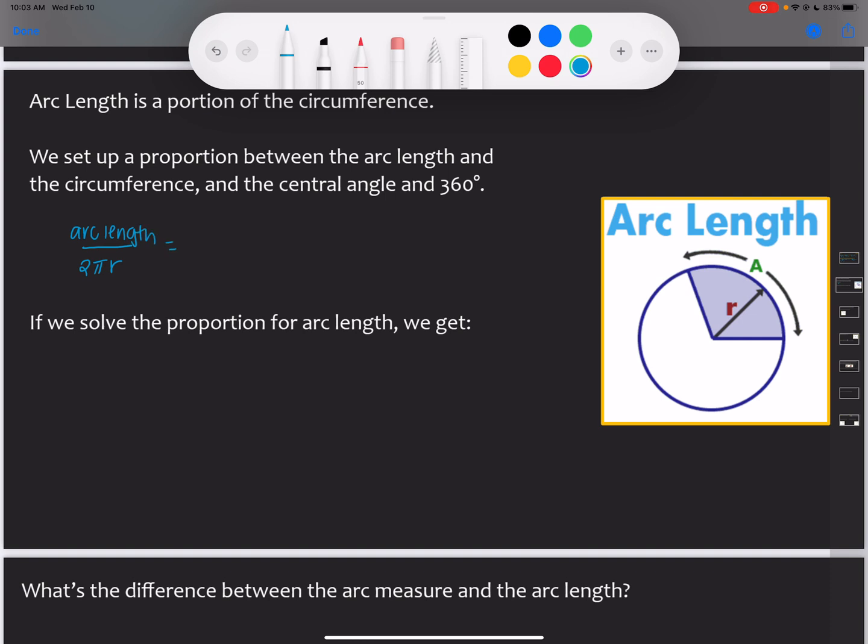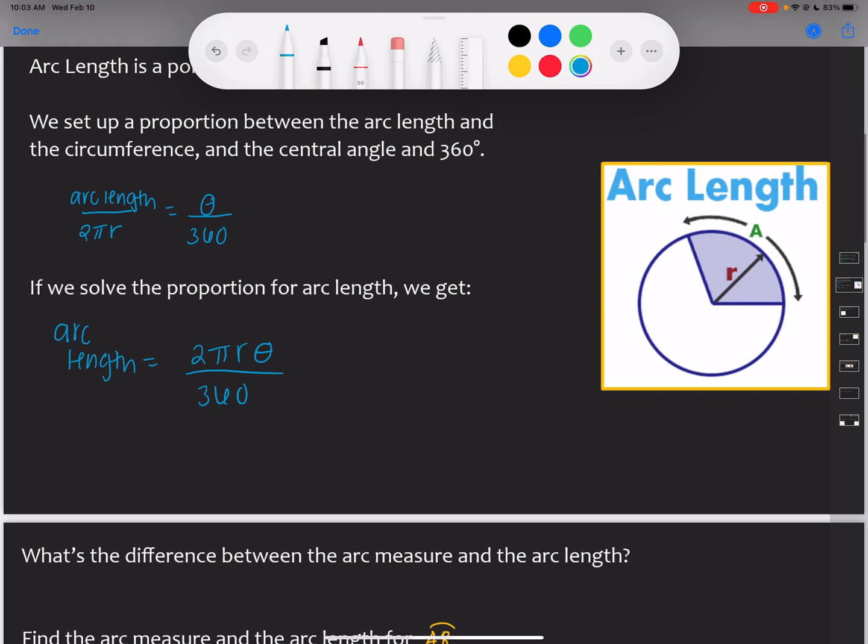And similarly, if your total degrees is 360, theta is some proportion of the 360. So your formula that you're using for arc length is going to be 2 pi r theta over 360. Okay, so theta is going to represent the central angle created by the pizza slice.